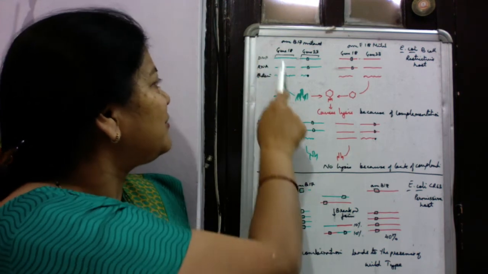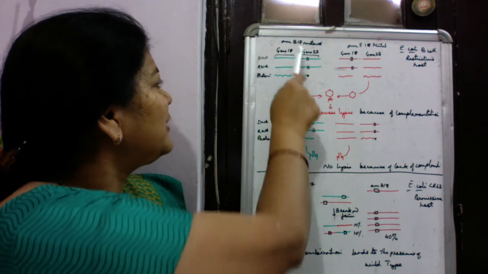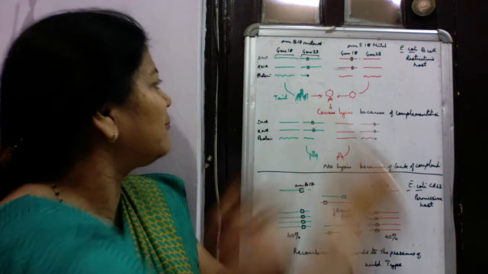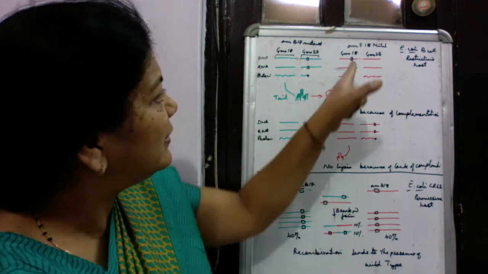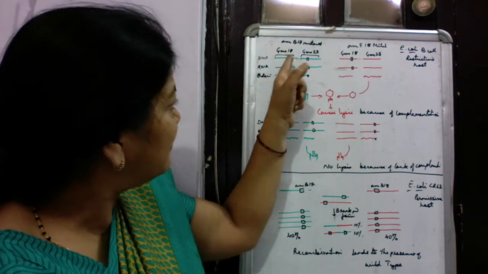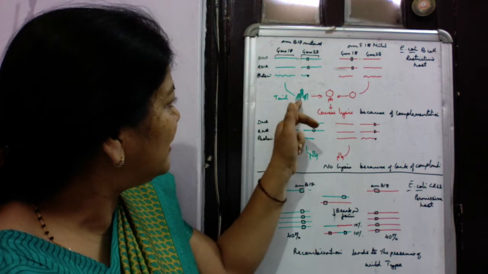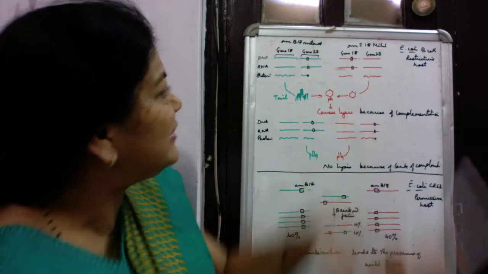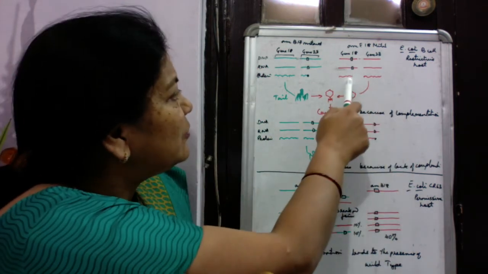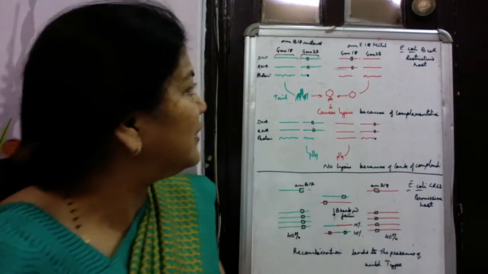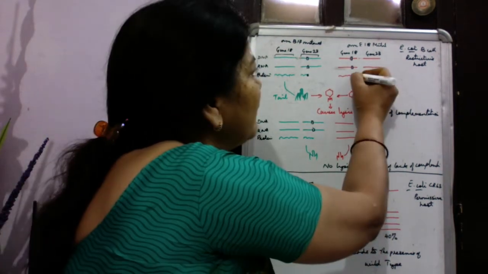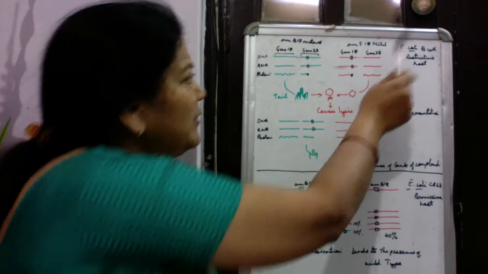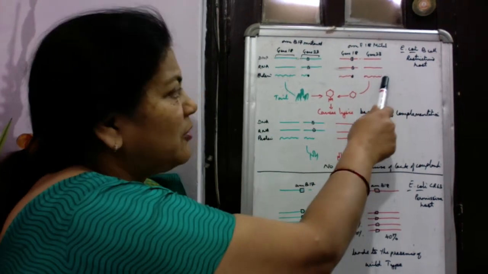Gene 18 is normal, so it makes a normal product, and gene 23 has a mutation, so it makes an incomplete or truncated product. Because gene 18 is normal, tail fibers are formed normally. Here, gene 18 is mutated, so the product is truncated. Now gene 23 is normal, so it makes a normal transcript and a normal product.